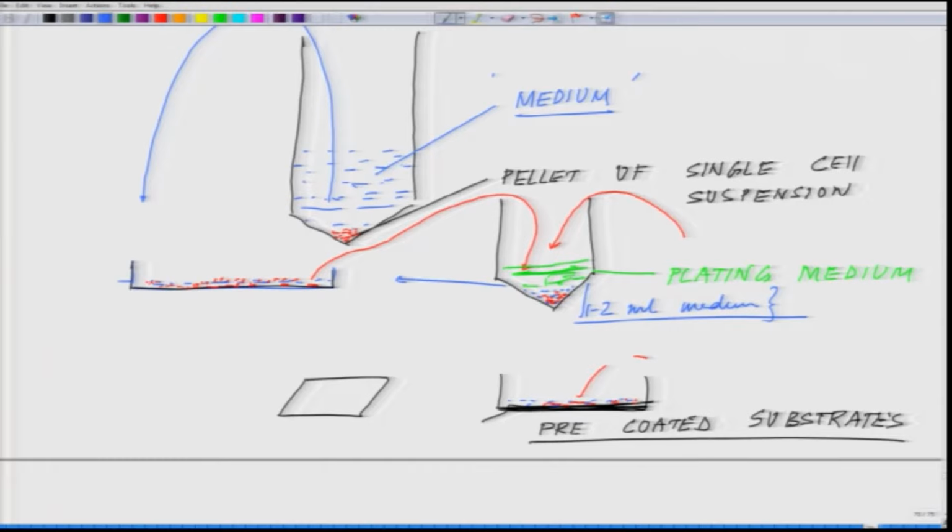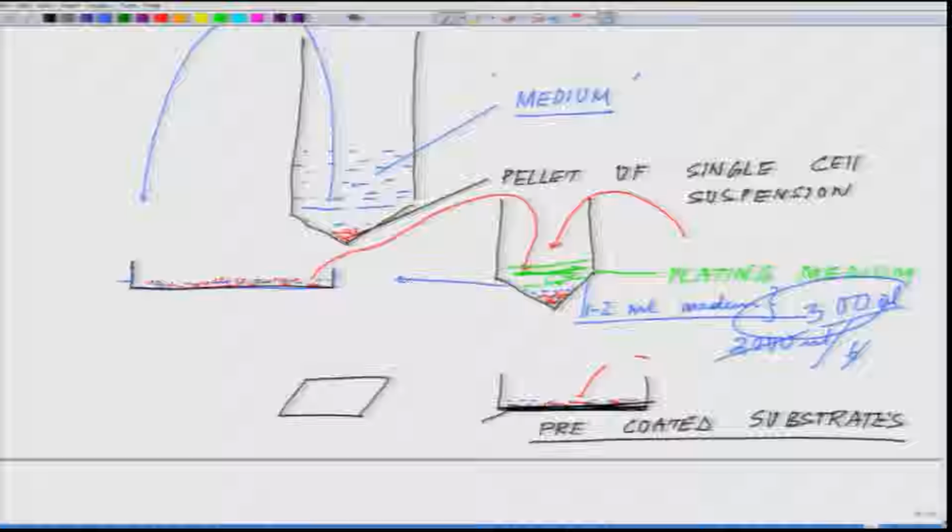2 ml means 2000 microliter, you divide 2000 microliter by 6. So, essentially around a little more than 300 microliter you are trying to plate in every dish or every well or every cover slip. You plate them, you spread them out, you do not increase the volume.